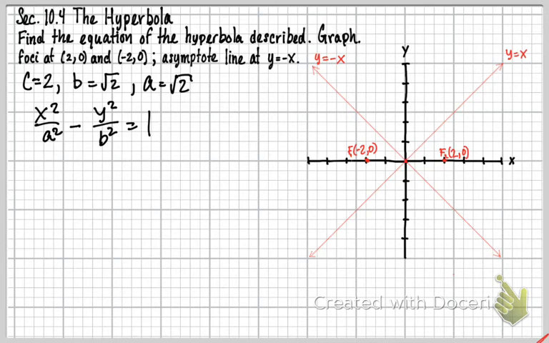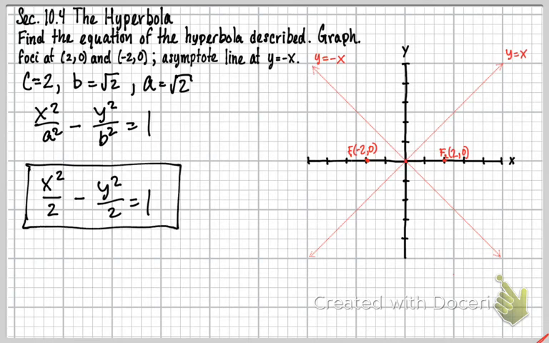So our equation is going to be x squared over 2, because square root of 2 squared is 2, minus y squared over 2 equals 1. So now there's our equation. That's our part A for this problem. So now all we need to do is graph, and we're good.